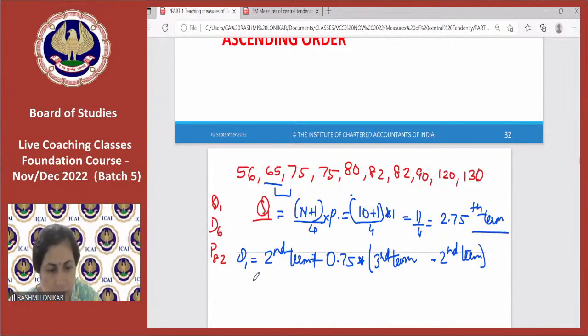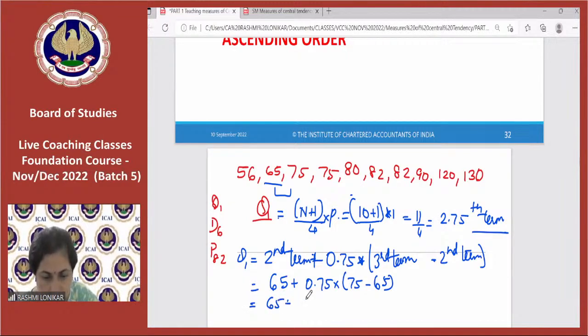The second term is 65, plus 0.75 into (75 minus 65). So 65 plus 0.75 into 10. This is 7.5. So I have 72.5.